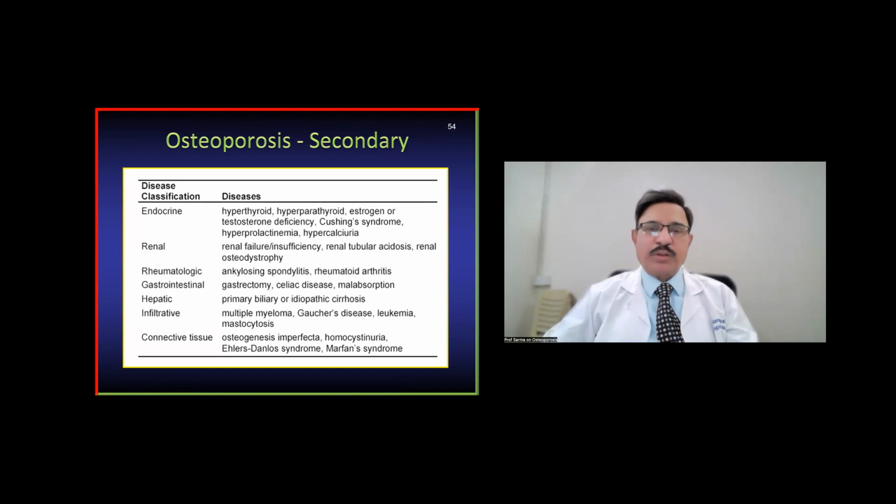I have a beautiful case. She lives in Marathahalli. Hyperprolactinemia. She is around a 35-year-old lady. Hypercalciuria. Renal causes, renal osteodystrophy.